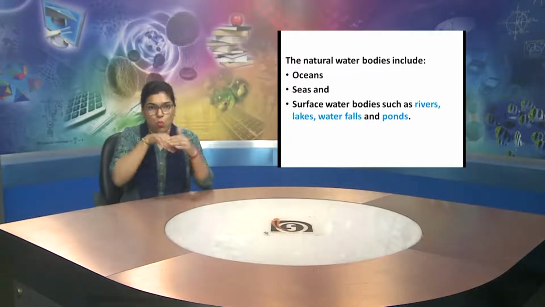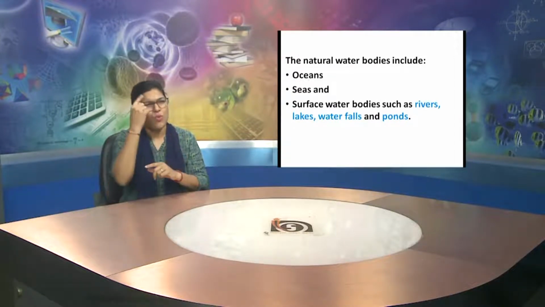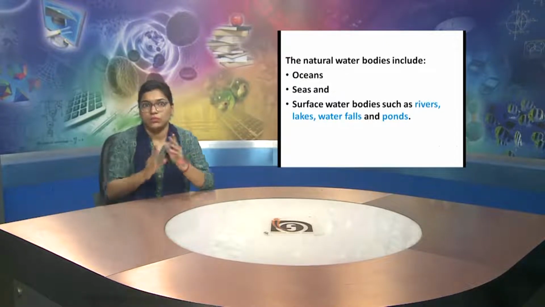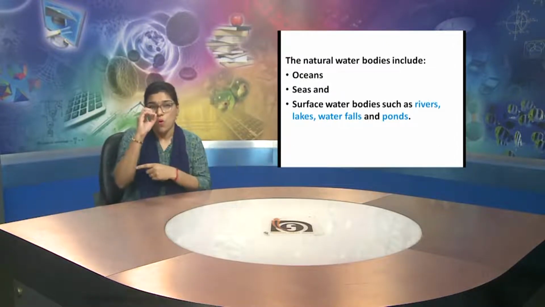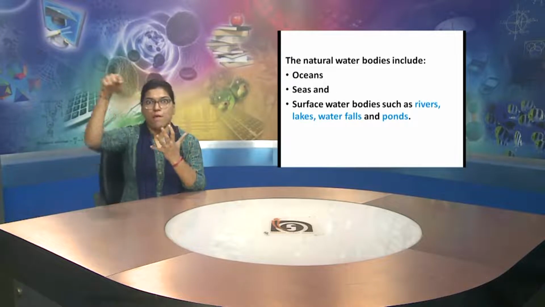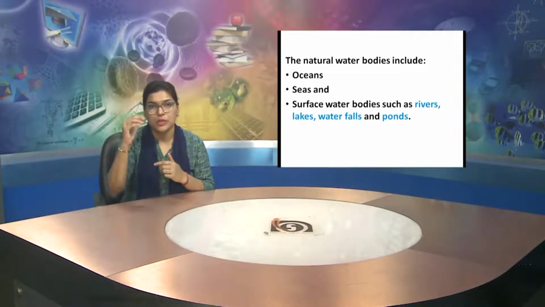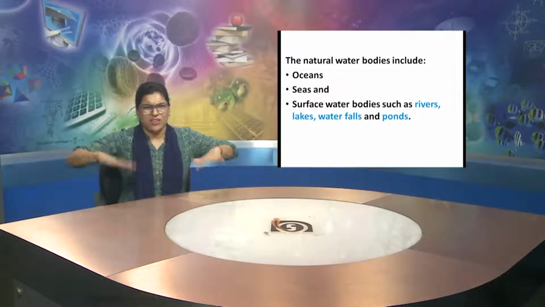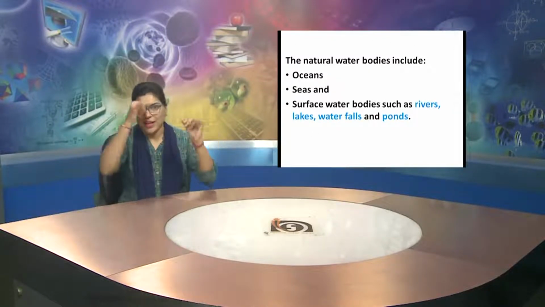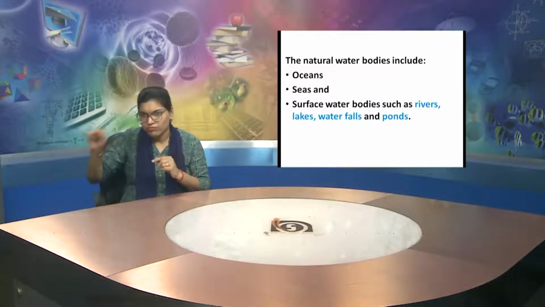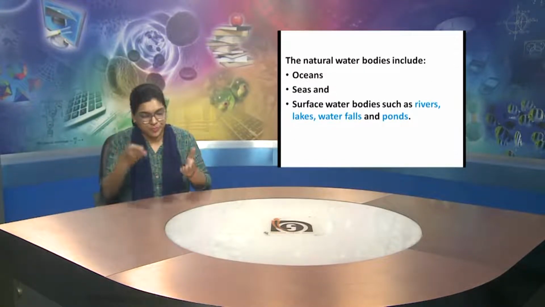Now let us understand a little further that natural water bodies include two main resources. The first one is oceans and the second is seas. Also the surface water bodies such as rivers, lakes, waterfalls and ponds are also water resources.